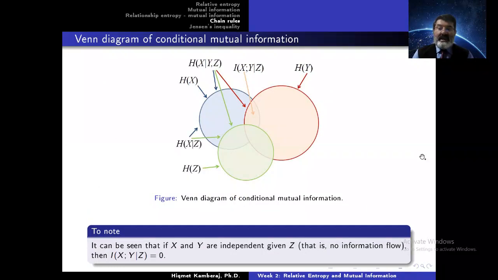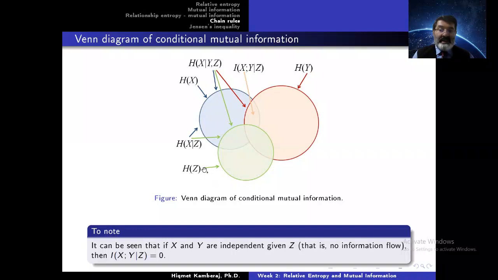As a Venn diagram of the conditional mutual information, the following can be used. In this Venn diagram, I have shown 3 circles. In blue, the circle that represents H of x, the entropy of the x random variable. In red, the entropy of the y random variable. Then in green, the entropy of the z random variable.